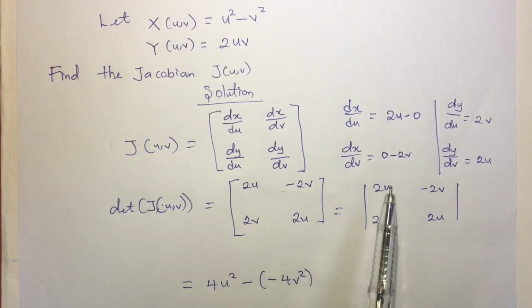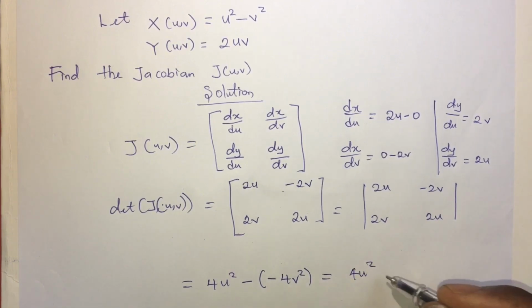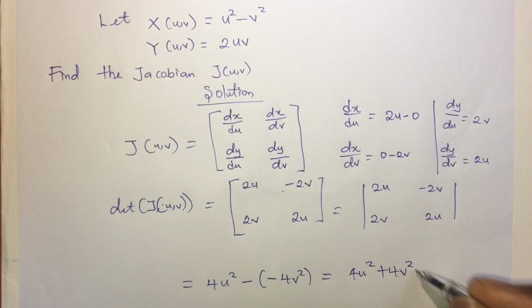So we have 2u multiplied by 2u, which will give us 4u squared, minus negative 2v times 2v will give us negative 4v squared. So in other words, this will now give us 4u squared plus 4v squared.